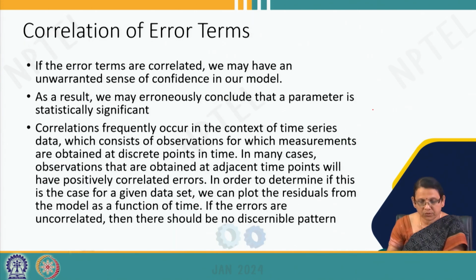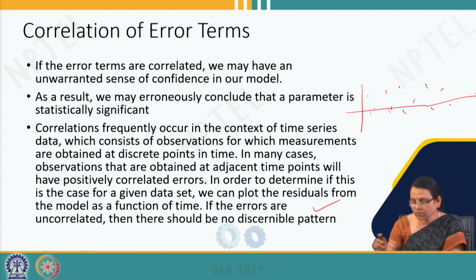So, what do you do in this context? You can actually see how the error changes over time. If you plot that, with respect to time, your error term, you will be able to get some idea about this.